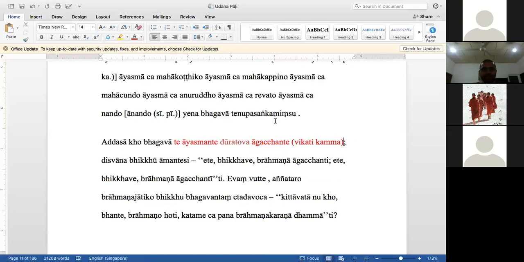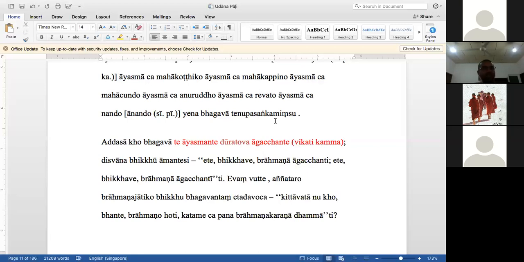Vikati Kamma means the object has changed into another. What they traditionally explain in Myanmar is that he saw them, meaning these venerables have become the ones who are coming from far away.